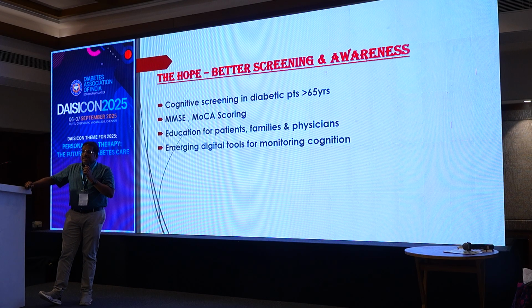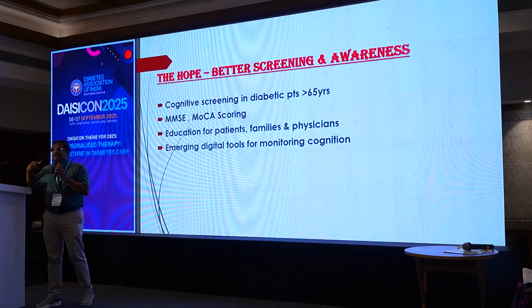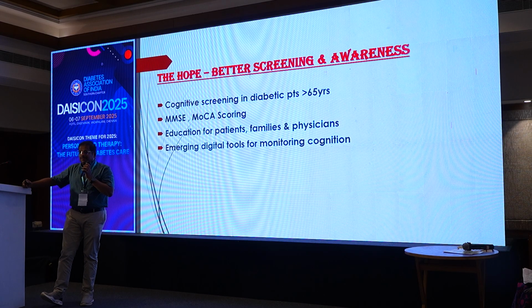So screening is very, very important for patients with dementia. Cognitive screening in diabetic patients more than 65 years is usually recommended, and MMSE and MoCA scores are the usually recommended scoring tools. Education for patients, families and physicians regarding screening as well as awareness of dementia is much the need of the hour.